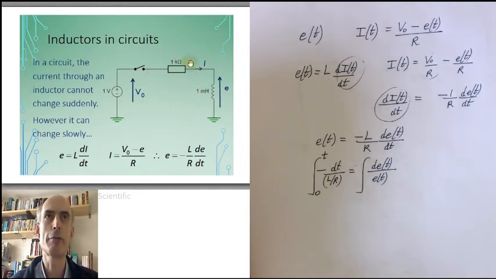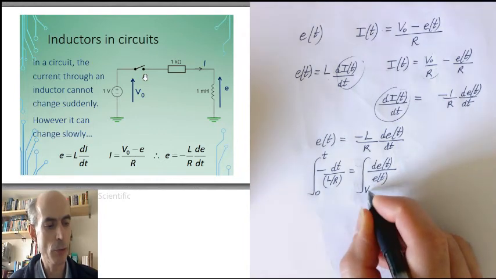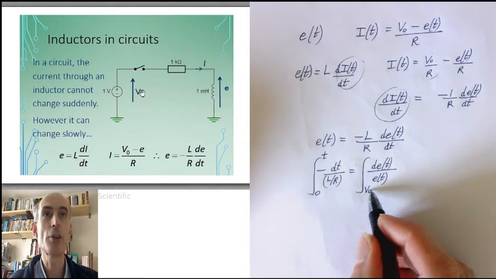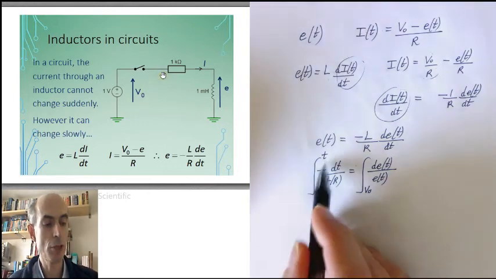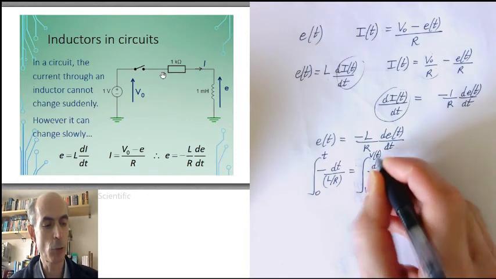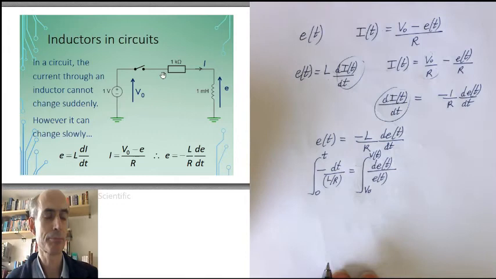If there's no current flowing through the resistor, there's no voltage drop across it, so the voltage on this side must be equal to the voltage on this side, and that's just V0. So, at time t equals 0, the voltage E is equal to V0. And at some time t, the voltage will be, I'll call it V of t now, the voltage across the inductor at the time of interest t.